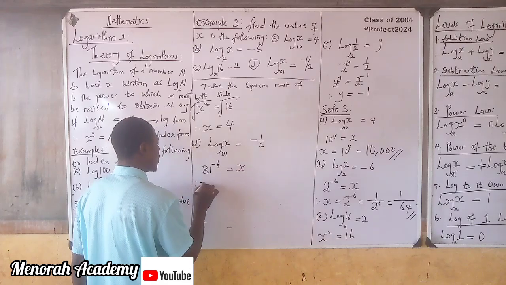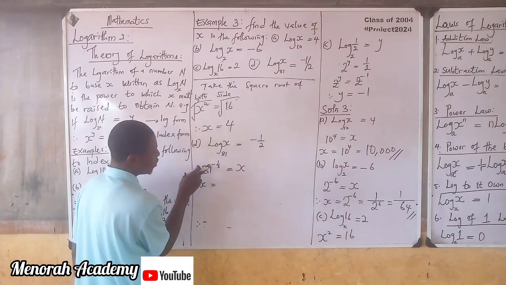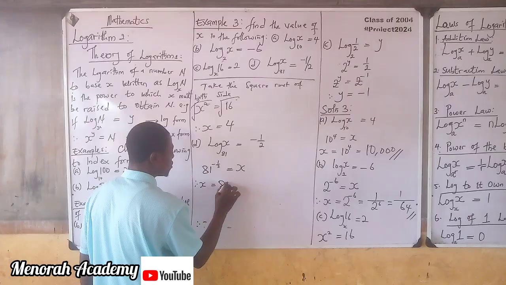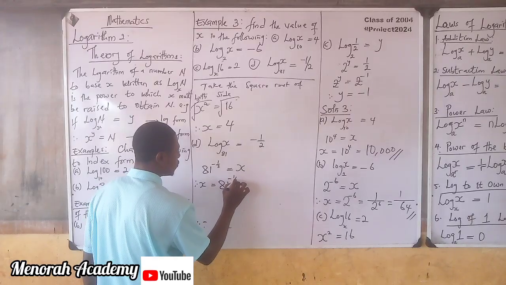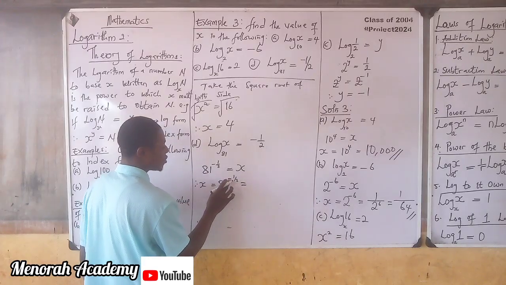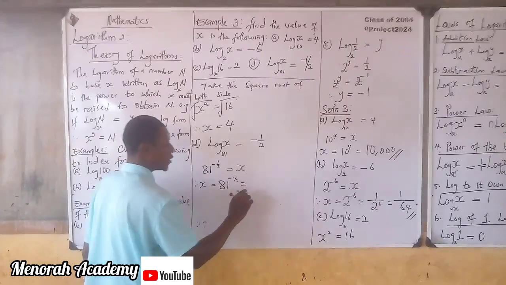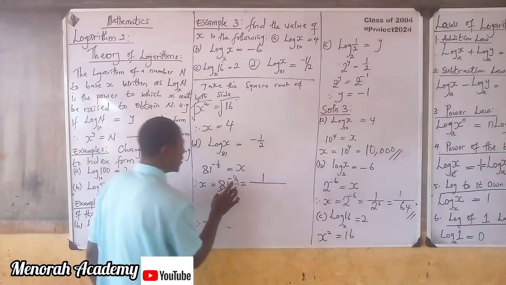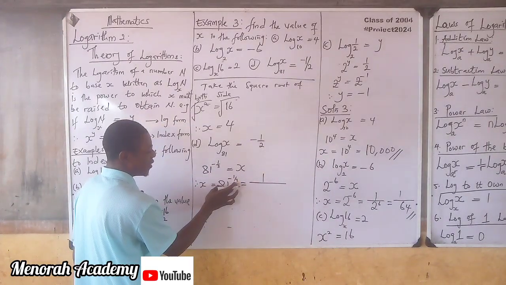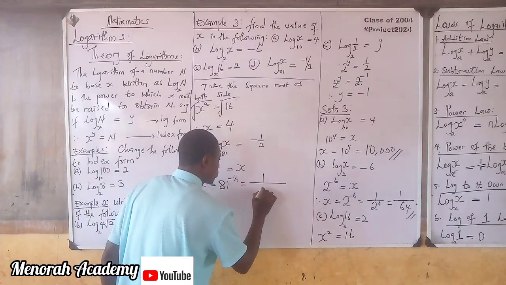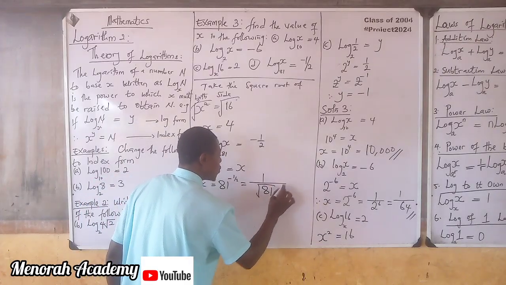So therefore, our x will be equal to, let me still repeat it, 81 raised to the power minus 1 over 2. This minus means 1 over, then this 1 over 2 means square root, which is going to be the square root of 81.